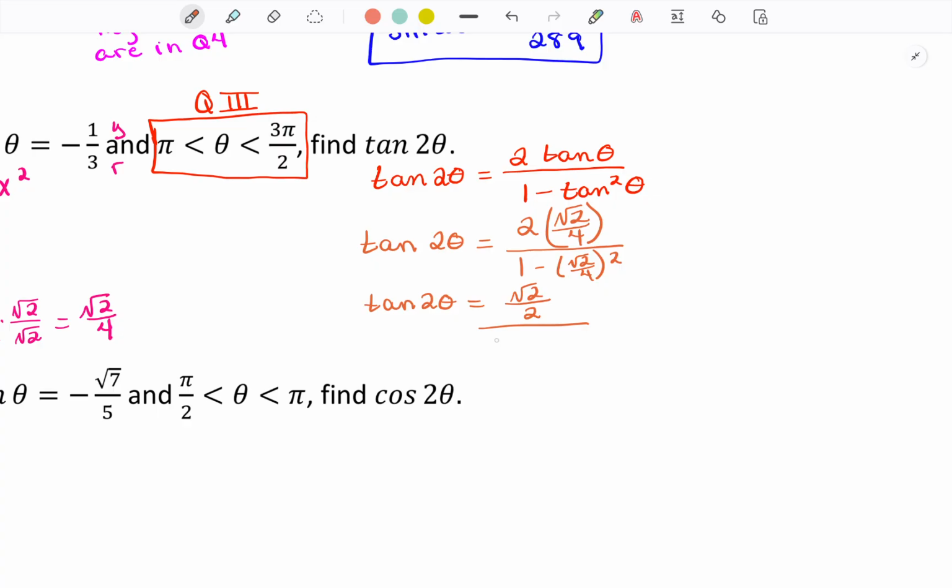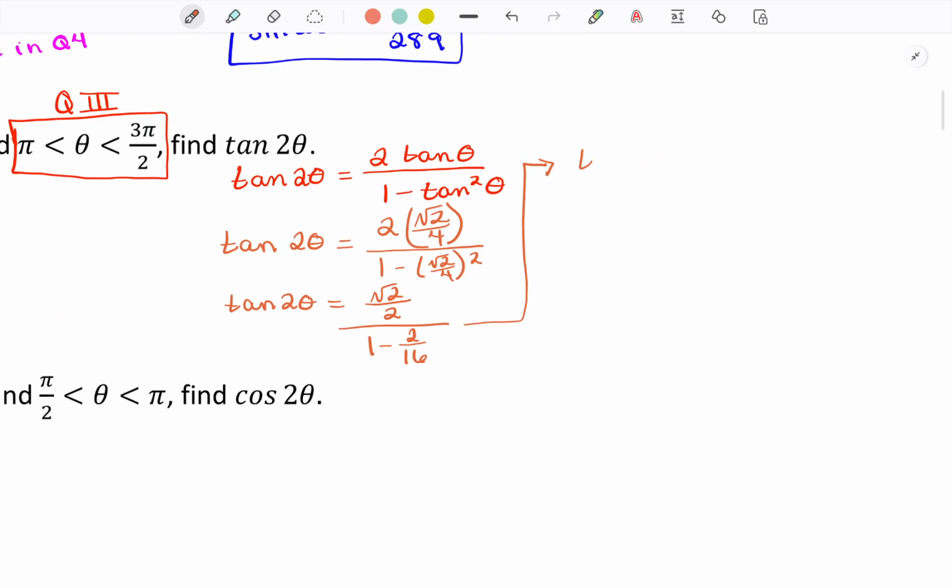I'm going to change the 1 to 16 over 16 as well, because when we square that, we are going to get 2 over 16. And then we have the tangent of 2 theta equals the square root of 2 over 2 all over 16 over 16 minus 2 over 16.